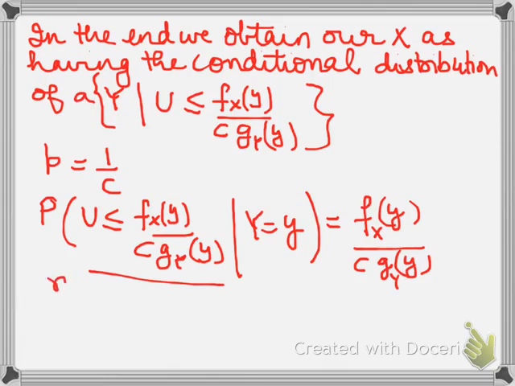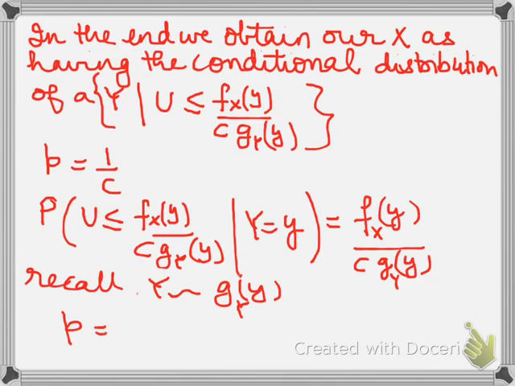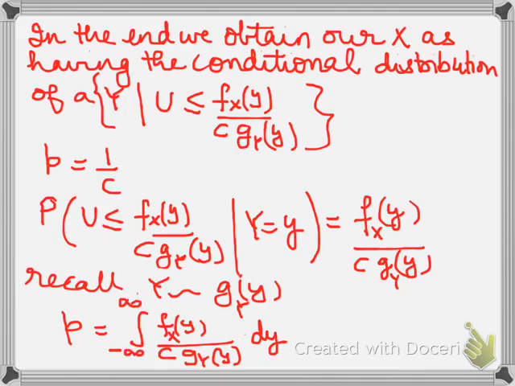So recall that Y follows g_Y. So p is equal to the integral of f(y) f_X evaluated at y over c g_Y, dy, from negative infinity to positive infinity. What are you going to get if you evaluate that?